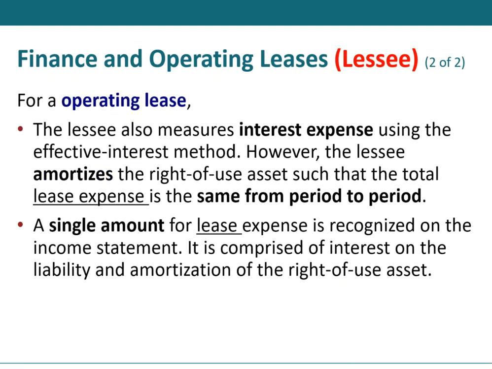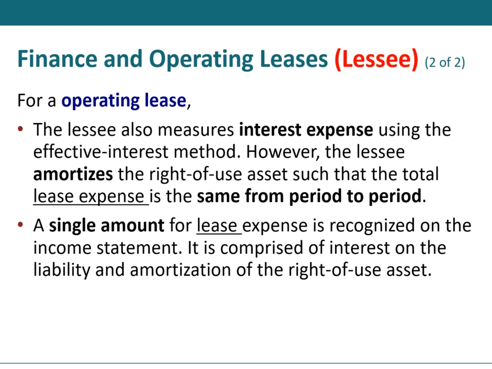For an operating lease, the lessee also measures interest expense on the lease liability using the effective interest method. However, the lessee amortizes the right-of-use asset, in other words records that depreciation expense on the property, so that the total lease expense is the same from period to period.